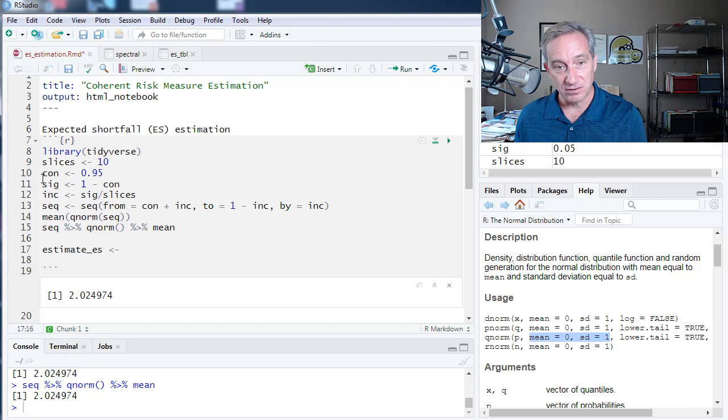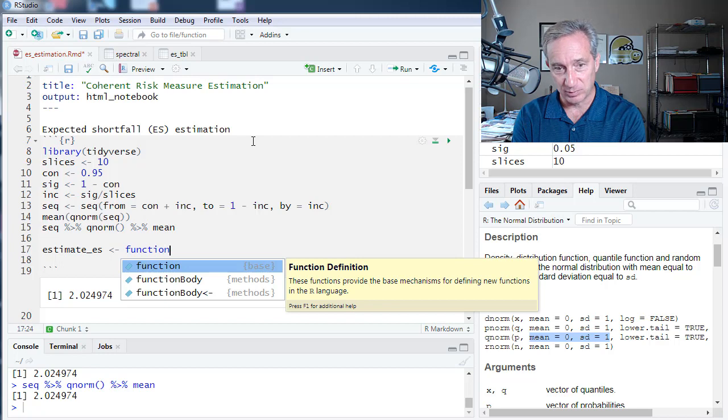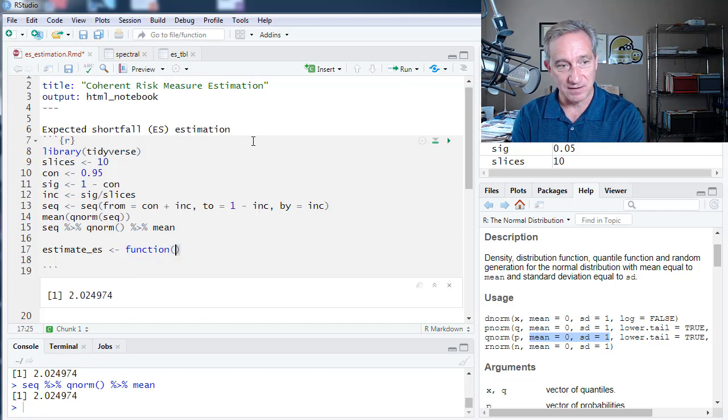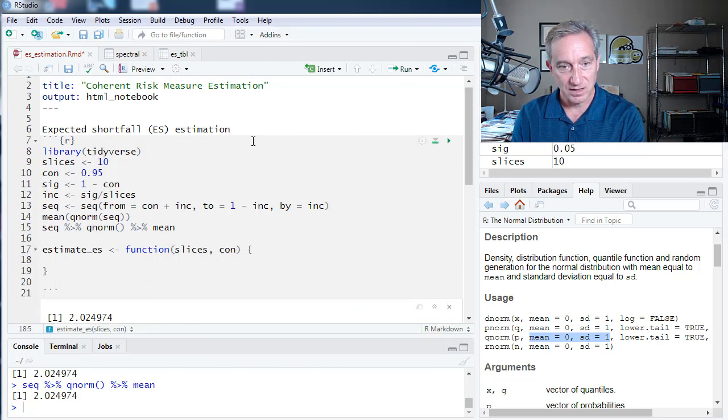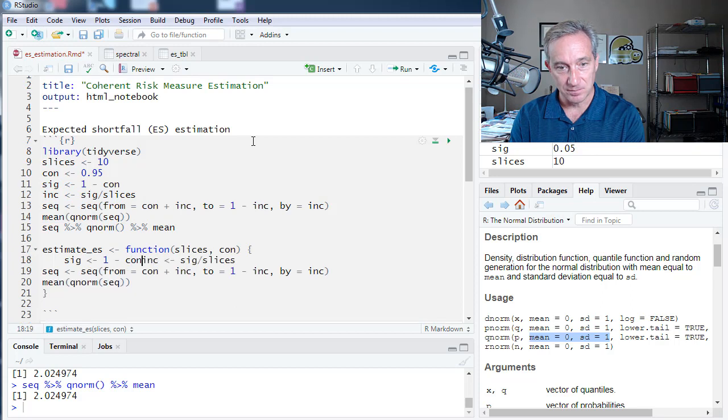So what I'm going to do here is take what I've just done and put it into a function so that I can reuse it for purposes of constructing a table. And that actually is pretty easy because I just need a function that's going to take slices and the desired confidence level. And all I'm going to do is copy the commands that I just did.